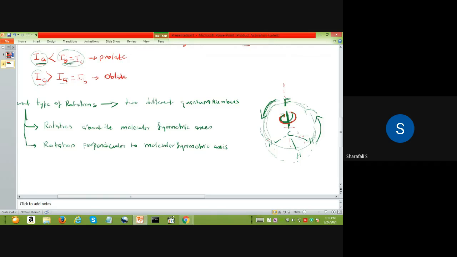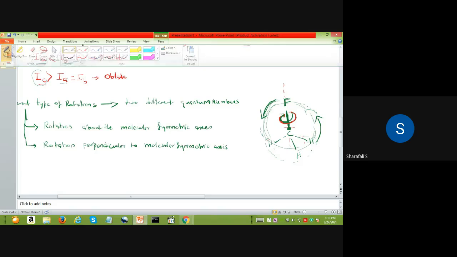But in the second case, the rotation is perpendicular to that molecular symmetric axis. So the entire molecule will be rotating like this about the center of mass. For example, let's consider the center of mass or center of gravity of this particular molecule is here, just above that carbon atom.